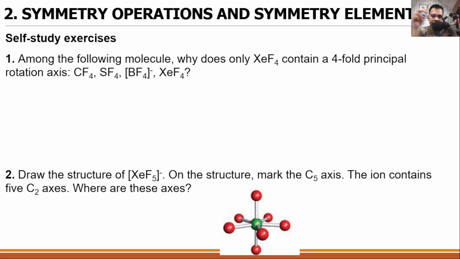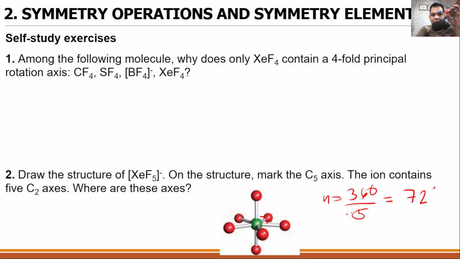This structure is called pentagonal bipyramidal. This is its structure, wherein it has a C5 axis. When it contains a C5 axis, 360 degrees over 5, how many degrees is it? 72 degrees between the angles here.